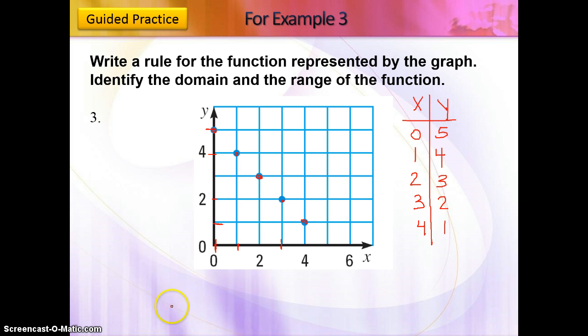So that's our original y-intercept, right? So we're starting with the output of y. So y starts at 5 when x is 0.